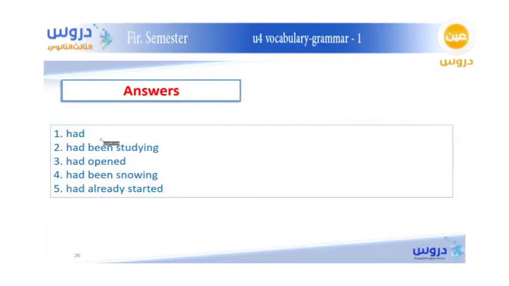All right, answers now. Shuruq. Number 1, had, which is the past tense of have and has, which comes in the past perfect. All right. Number 2, had been studying, had happened, and had been snowing, and the last one had already started.